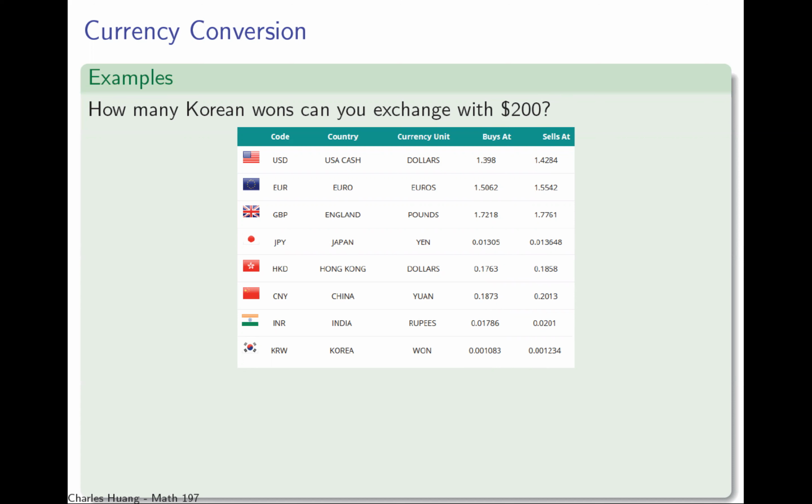Because the company wants to make money, so they will always give you the lower amount. So in this particular case, because we are trying to get Korean won, we need the store to sell us the Korean won. So it will be the 0.001234.